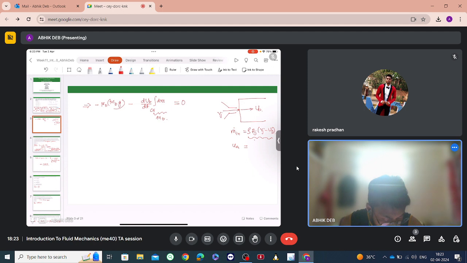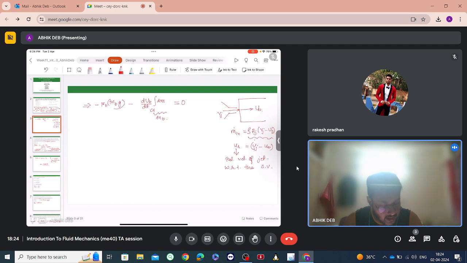It will be minus because of the inlet, and ur will be Vj minus ub. Okay, this is the relative velocity of the jet with respect to the control volume.